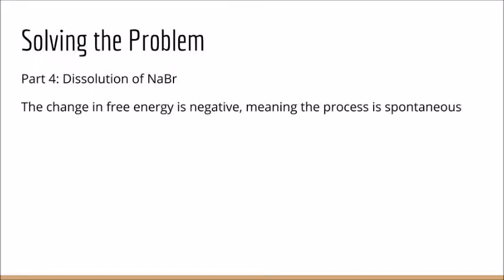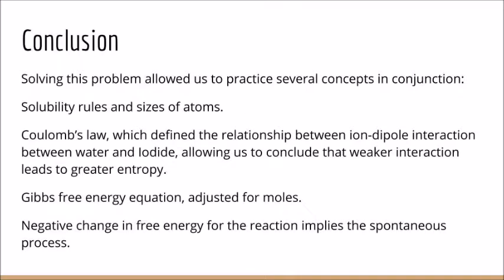For solving part 4, we need to find out if dissolution of sodium iodide is a spontaneous process. In the previous parts, we calculated delta G to be negative, which means that the change in the free energy is negative, meaning that the process is indeed spontaneous.